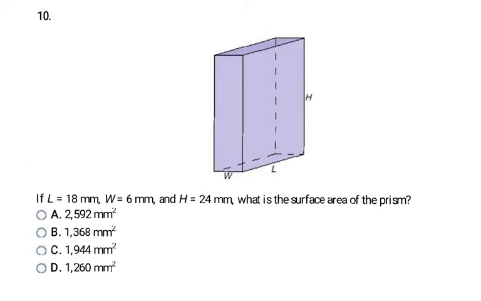This question here tells me that the length is 18 millimeters, the width is 6 millimeters, and the height is 24 millimeters. It wants to know, what is the surface area of this prism? So the first thing I'm going to need to know is my surface area formula for a prism, which is 2 times the area of the base plus the perimeter times the height.